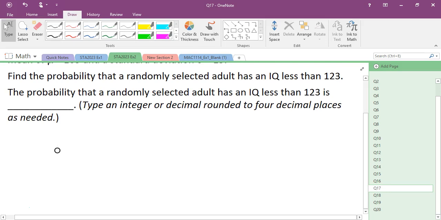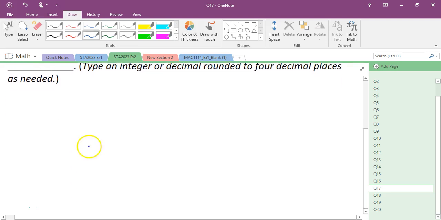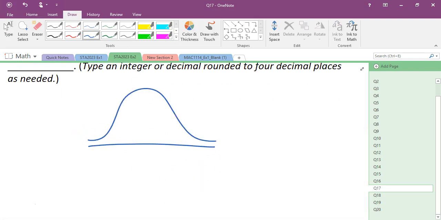Okay. So if we draw our curve, who's in the middle? 105, right? And we're looking to be less than 123. So that means we need to start going in the right direction.